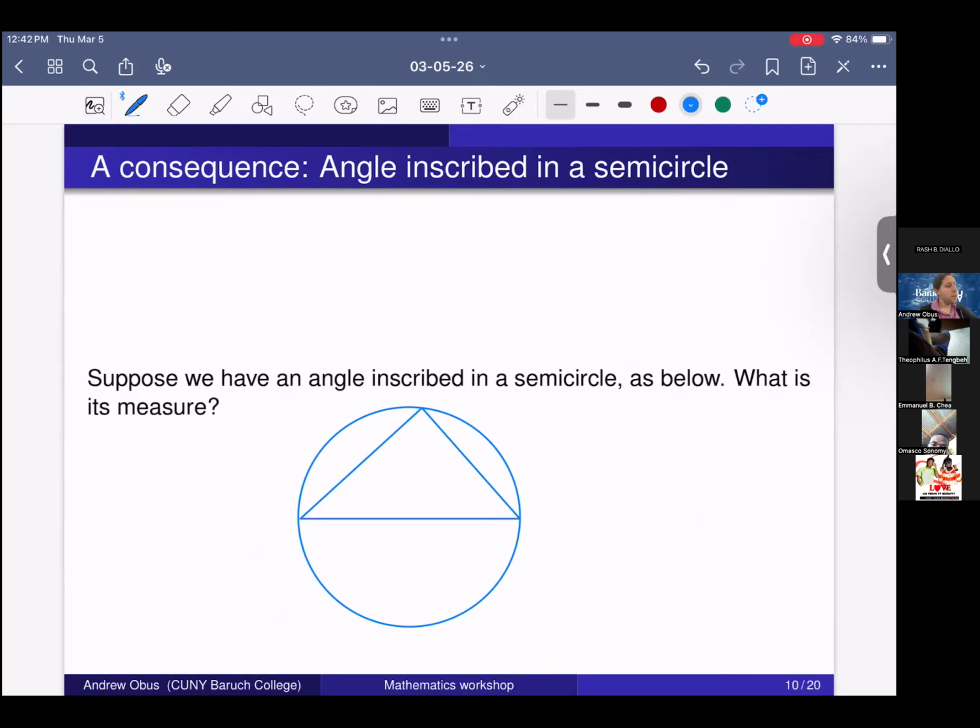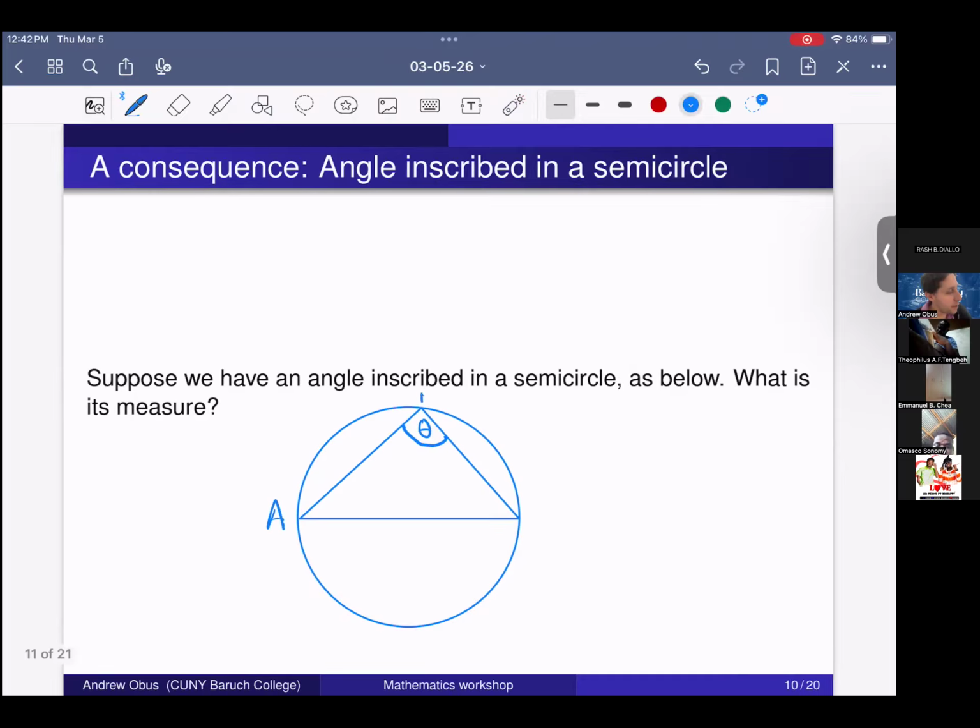Okay. So the question is, what is the measure of this angle? Well, this is a semicircle, right? Yes, it's true even when the angle is split by the center of the circle, exactly. Well, we can use the inscribed angle theorem, right?